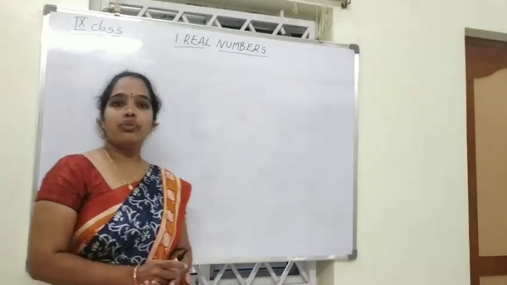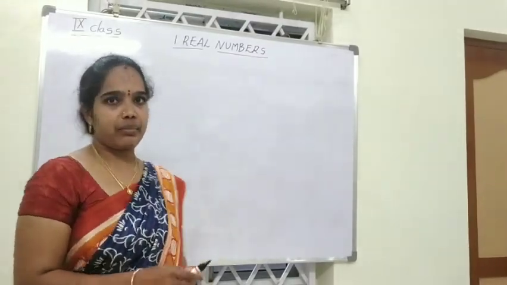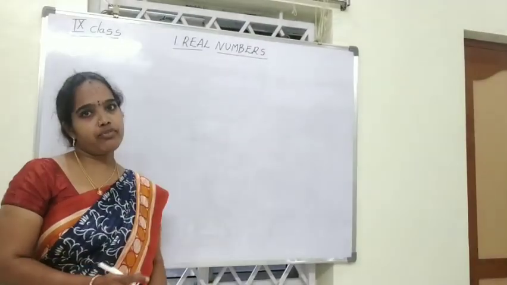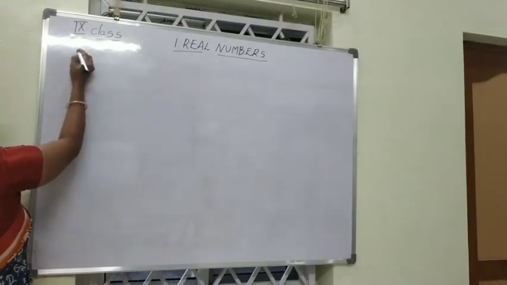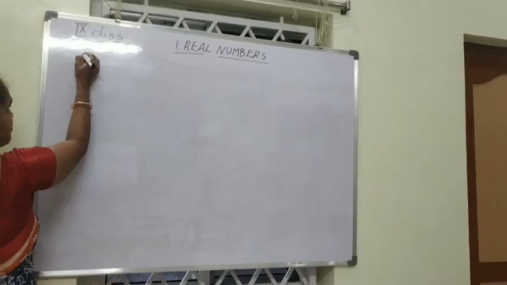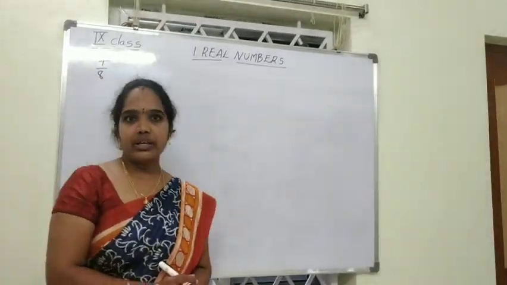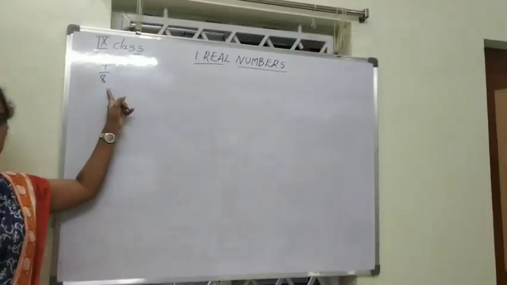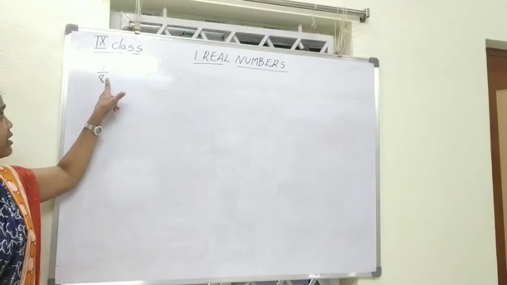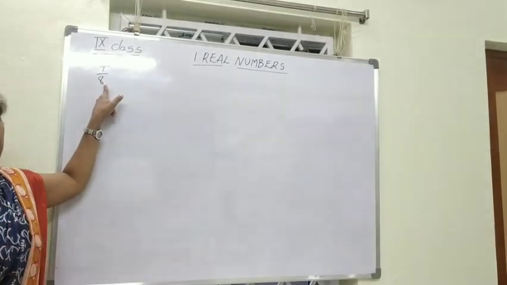Okay children, one more rational number, how to represent on the number line. We will see one example. Already we learned how to represent 3 by 4 on the number line. Now one more number, say 7 by 8. How to represent 7 by 8 on the number line? So already I explained to you, always the denominator shows how many total parts we have to take.